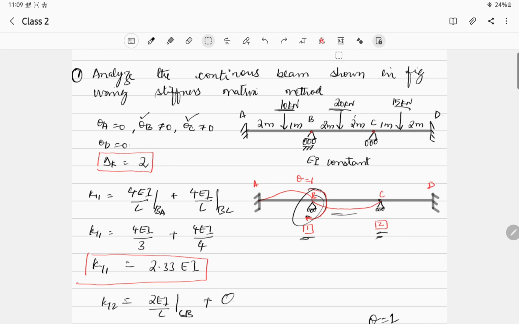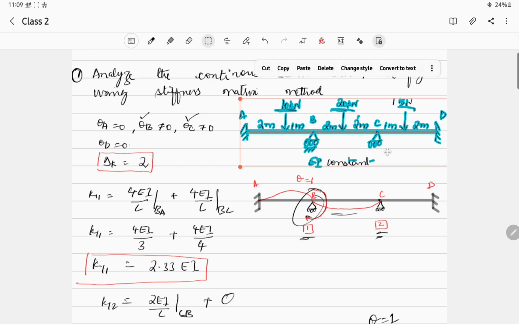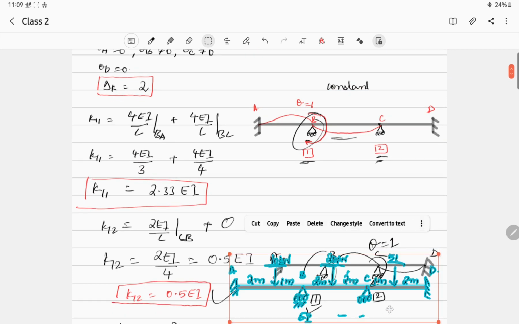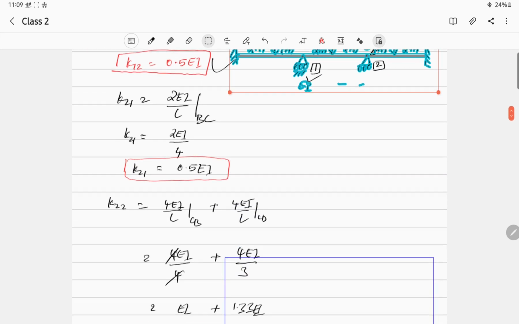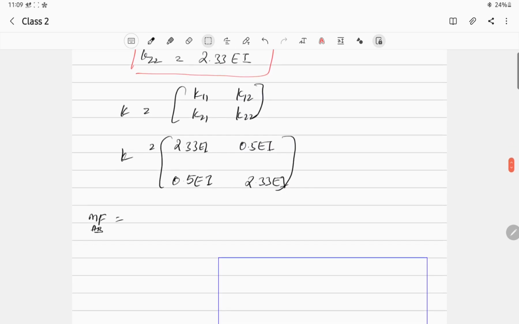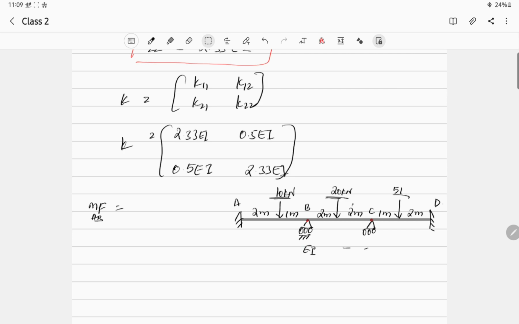So we'll try to shift this part downward for our simplification calculation. I'll try to take it down here so that my beam will be visible to me.